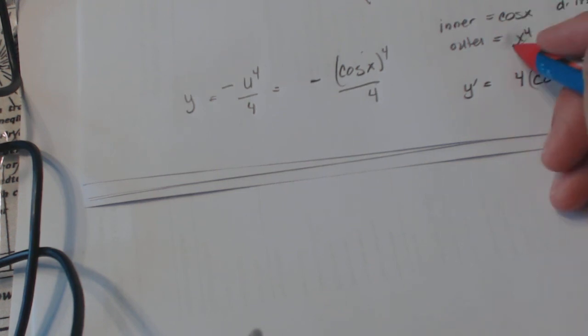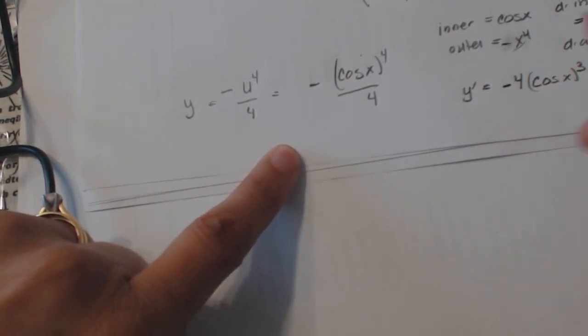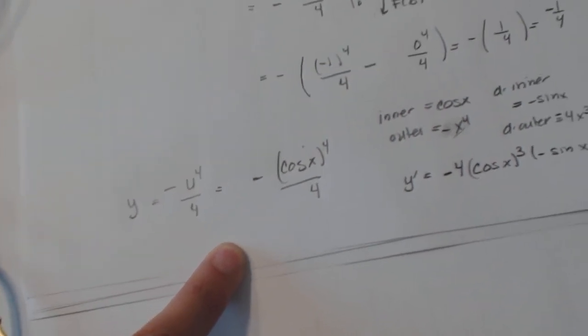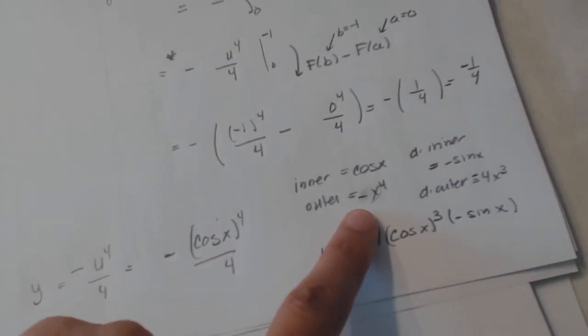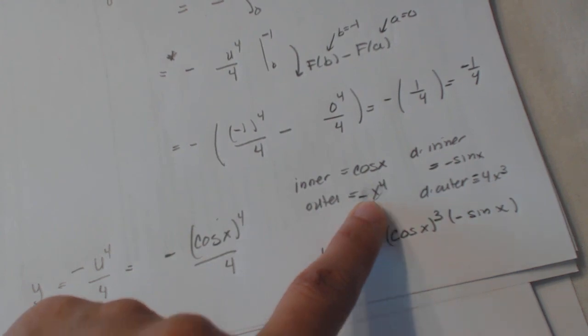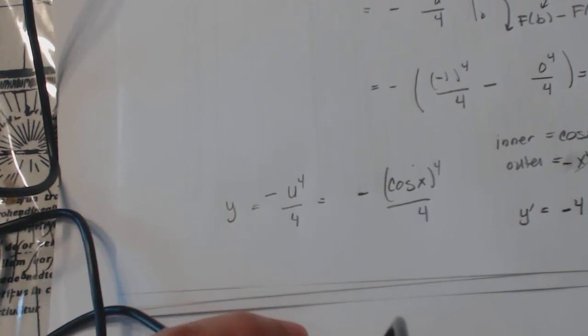The outer is supposed to be minus x to the 4th. And so the derivative of the outer is a minus. So I have a minus sign here. And the outer is minus x to the 4th, and the derivative of the outer is minus 4x cubed. So prone to sign errors.